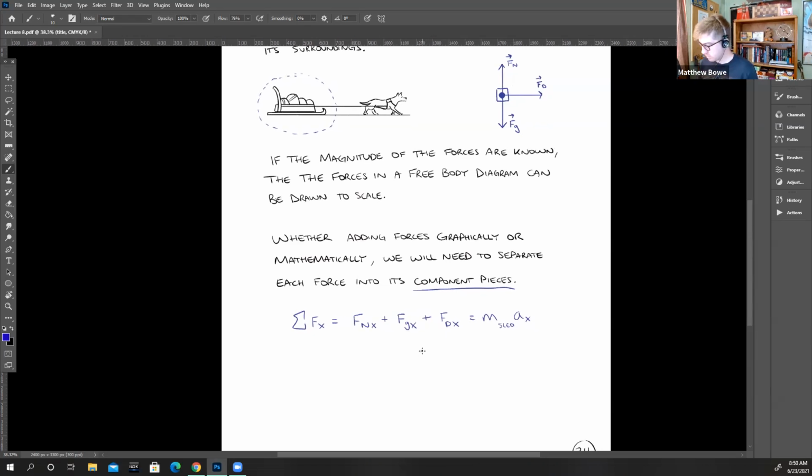Okay, so looking at the free body diagram at the top, what are the x components of the normal force? Horizontally, there is none. So that's 0. And for the force due to gravity, also 0. And the force supplied by the dog is going to be a positive value to the right. So I'm going to keep this positive, and it's just the force of the dog to the right.